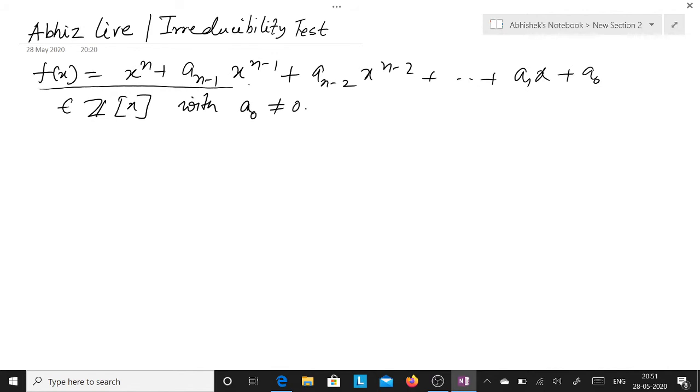That is, this is a polynomial over Z, with the condition that the constant term a_0 is not equal to 0.